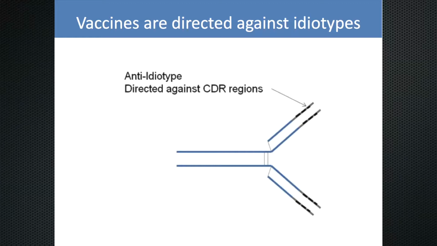You see here the scheme of an anti-idiotype directed against the CDR regions. Mainly the group of Ron Levy in Stanford has done a lot of work in that field with some spectacular results, but results which could not always be confirmed.